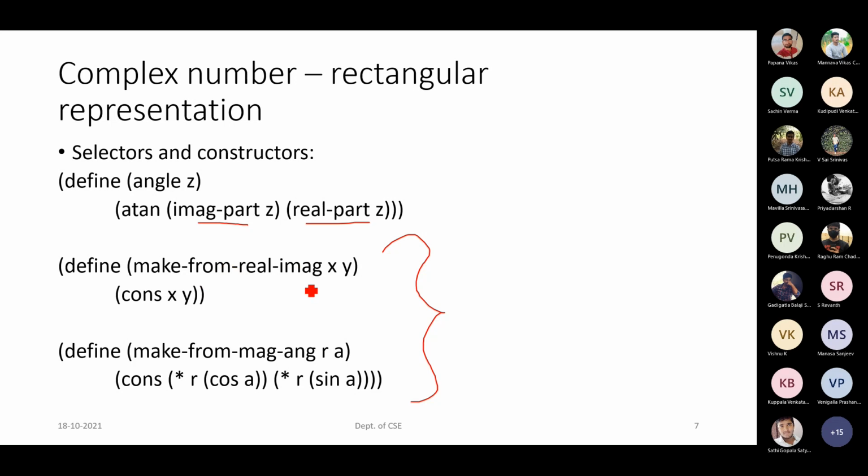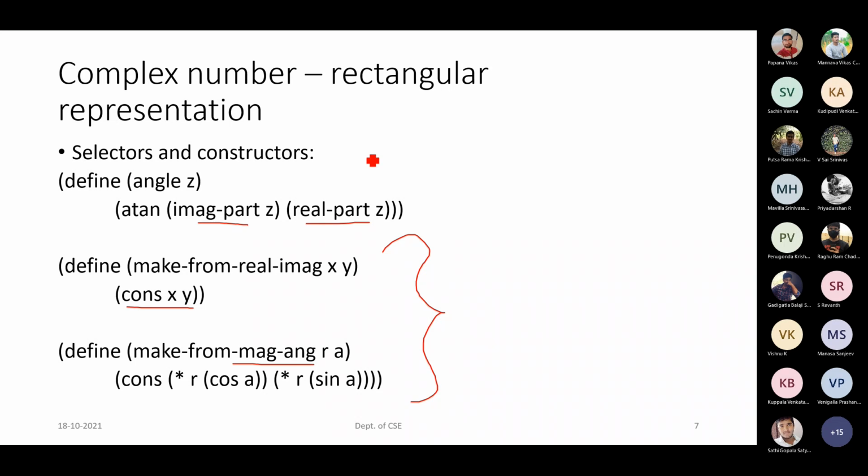So make from real imaginary, x is my real part and y is my imaginary part. So when I get x and y value, I can directly construct it. So cons of x, y. But now if it is in the magnitude and angle form, but your input was in the rectangular form, internally you have converted it, but when you are giving it back, how should the values be?